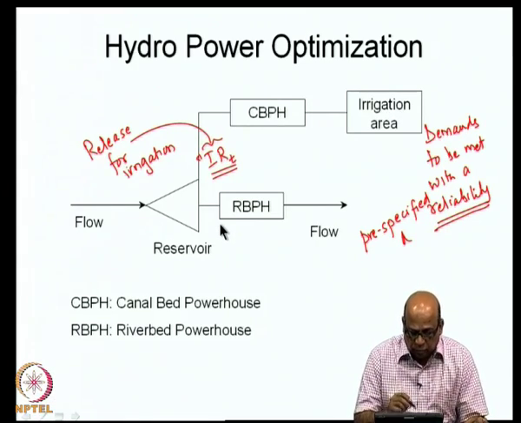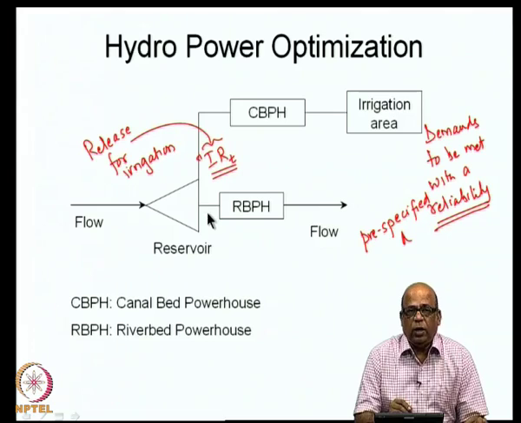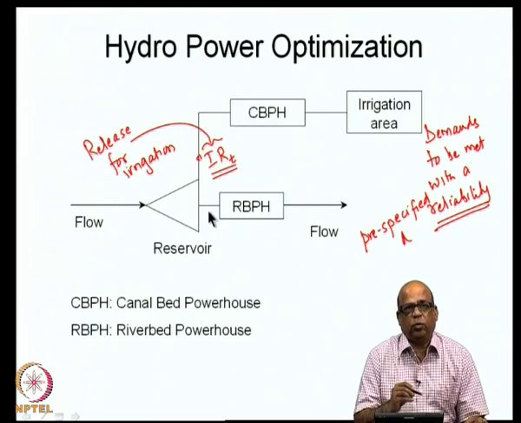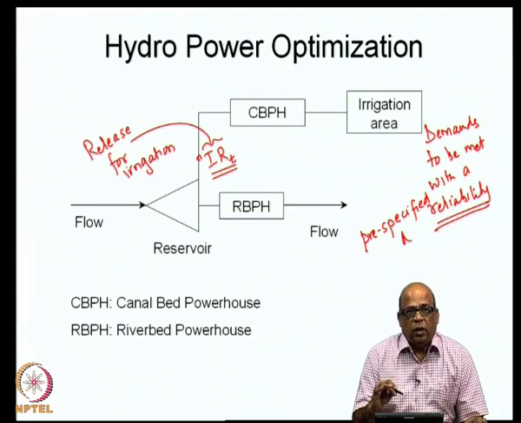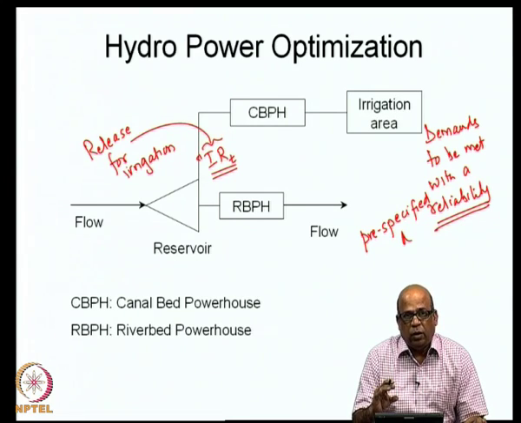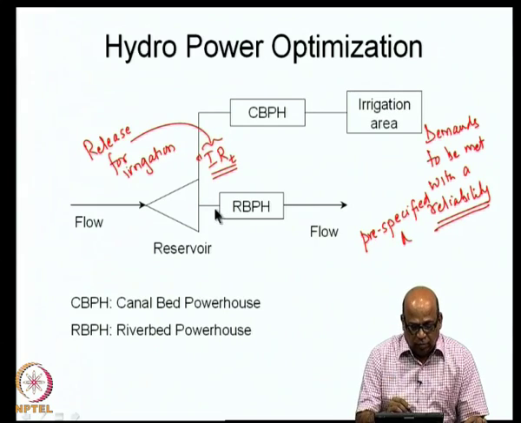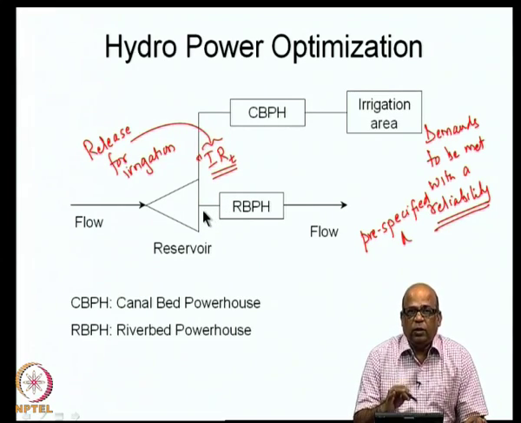Theoretically or actually speaking, the release that we are making into the riverbed powerhouse is also a random variable, because it also depends on the storage, and storage is a function of the flows. By using the linear decision rule in an imaginative way, what we will do is convert the storage into a deterministic variable.